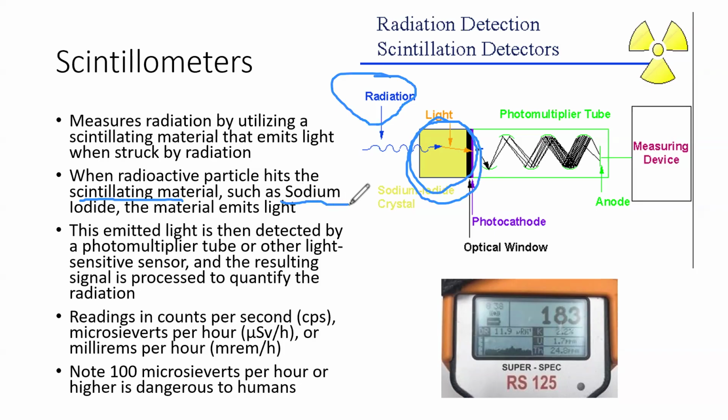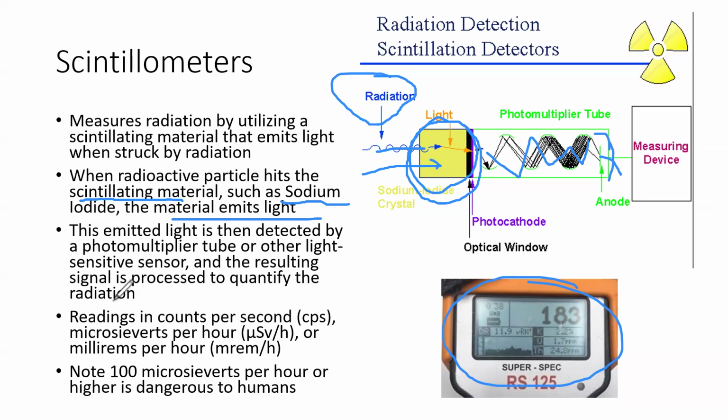Whenever a radioactive ray or radioactive particle hits this material, it actually emits light. The light emitted by this crystal is measured in the device, and the strength of the light is converted into the strength of the radioactivity.